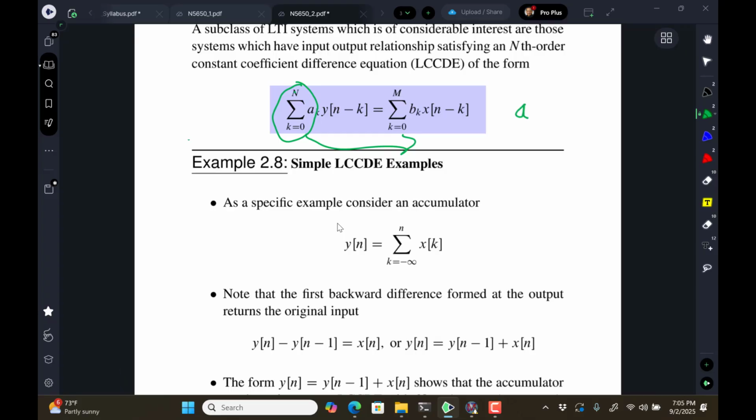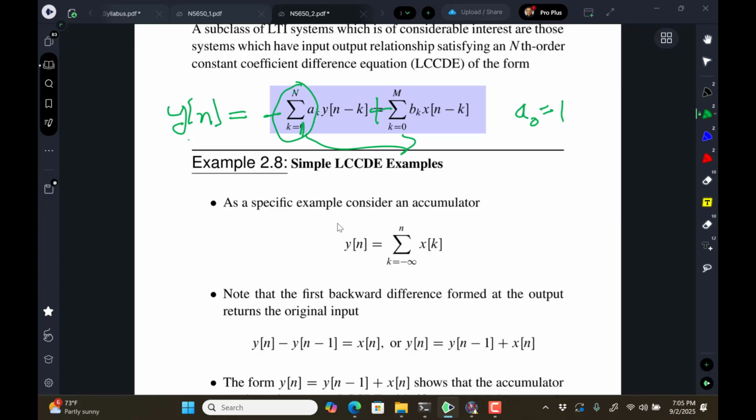We're going to say that A sub 0 equals 1, and if that's the case, then y of n equals everything, minus sign thrown in here. So it'll be minus past values of the output plus present values of the input. So this would become a plus sign. And that's extremely useful.